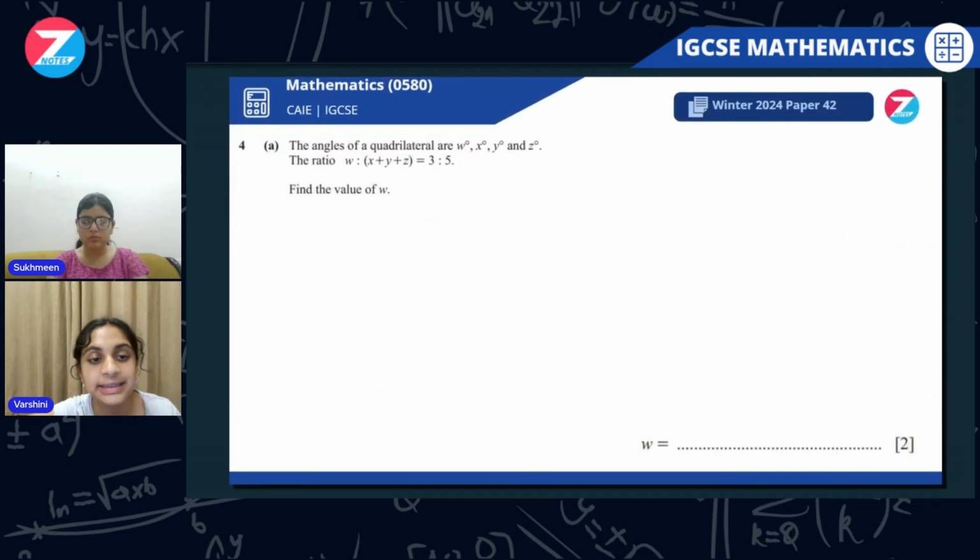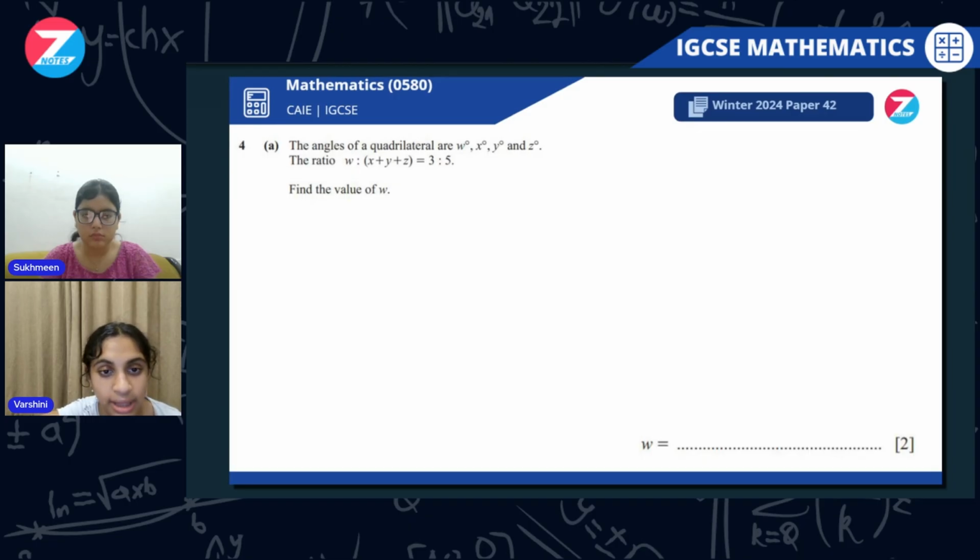Okay, the angles of a quadrilateral are w degrees, x degrees, y degrees, and z degrees. The ratio w is to x plus y plus z equals 3 is to 5. Find the value of w. Okay, so we know that in a quadrilateral, the total sum of angles is equal to 360.